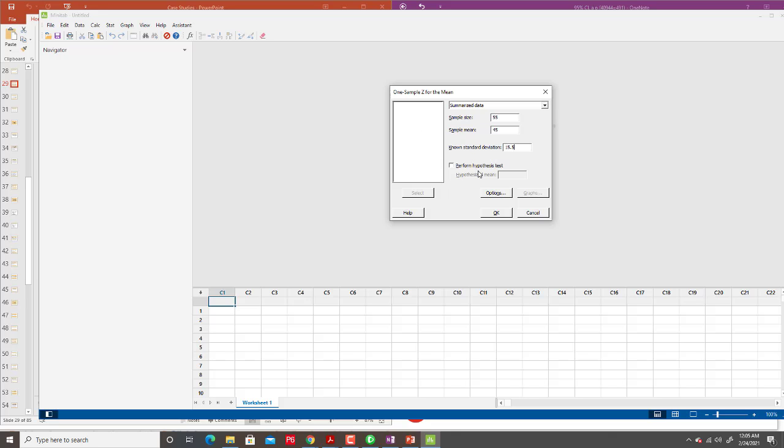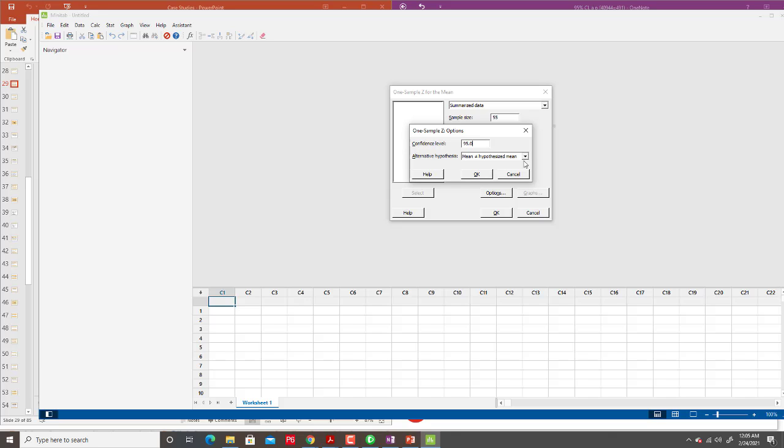Now, the hypothesized mean is the population mean, which is what we are looking for, so we don't fill anything here. We click on Options, and the confidence level they asked for is 95. If they tell us 90, we change it to 90. So we change this to 95.